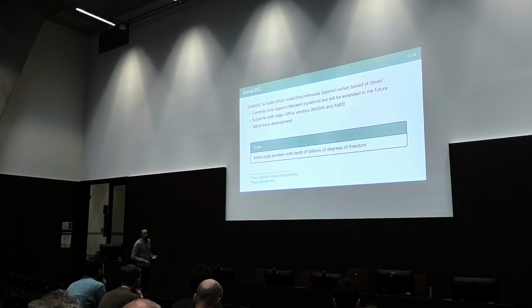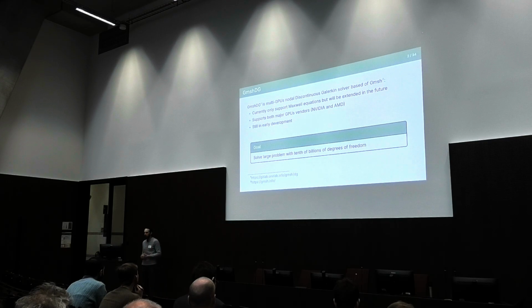The code we are developing is called GmshDG, which is, as the title says, a multi-GPU discontinuous Galerkin solver, and it's based on Gmsh, which is a code that we developed in the lab, which is a mesher. Currently, it only supports Maxwell equations, but we plan to extend it to other physics in the future.